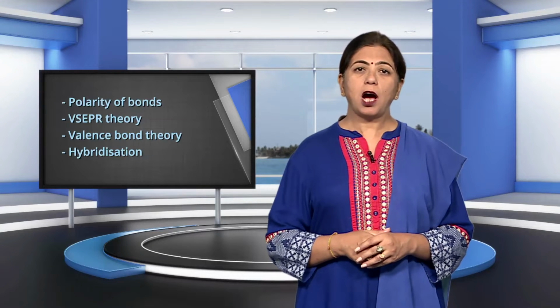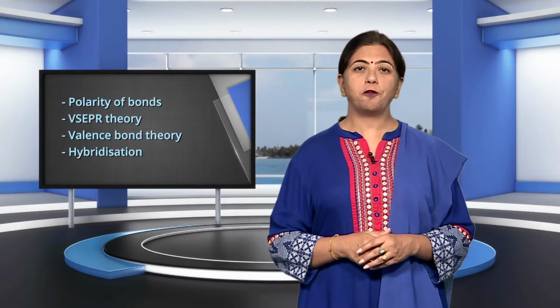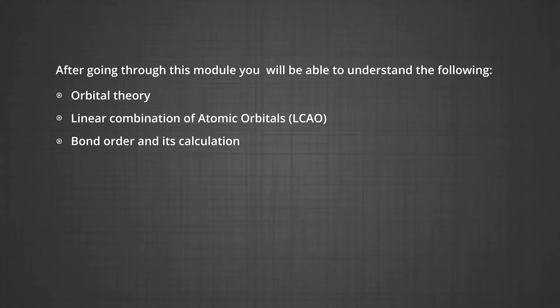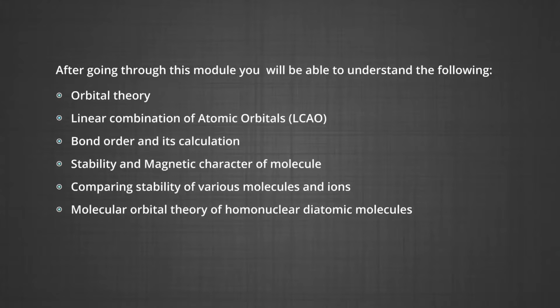After going through this module, you will be able to understand the following: orbital theory, linear combination of atomic orbitals, that is LCAO, bond order and its calculation, stability and magnetic character of molecule, comparing stability of various molecules and ions, molecular orbital theory of homonuclear diatomic molecules, hydrogen bonding.